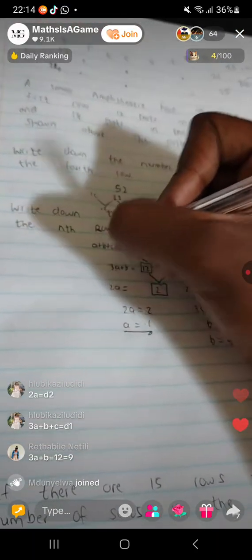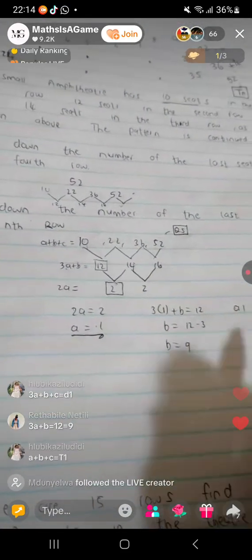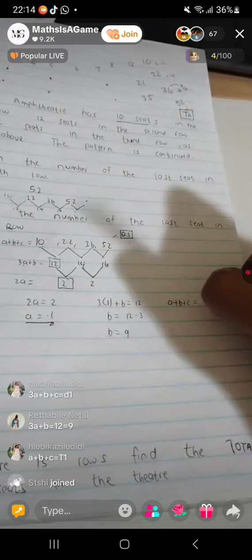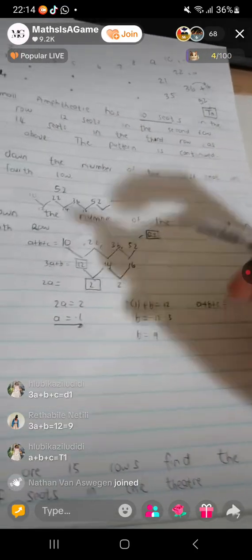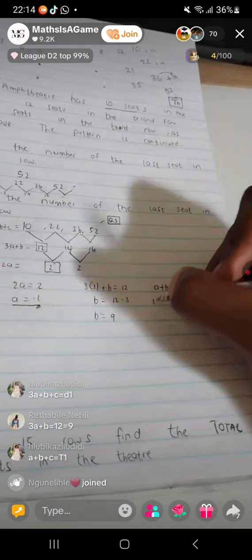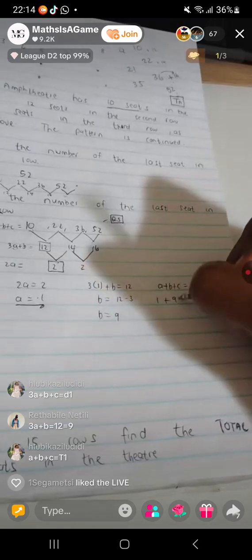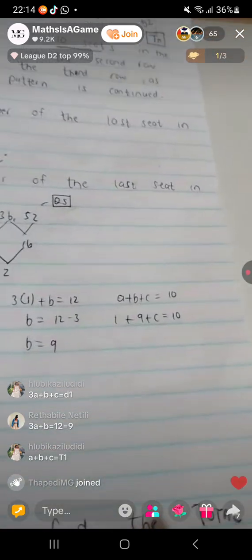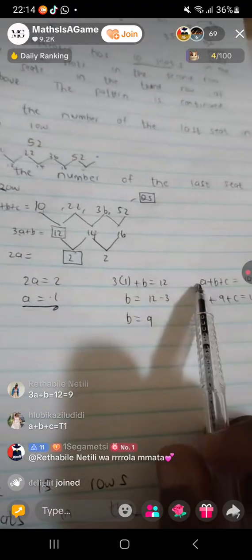And then last but not least, our last expression that we use is a plus b plus c, which is supposed to be equated with the first term in the original sequence. So that's a plus b plus c, which is equal to 10. Okay, a is 1, b is 9, c we want to find. So we substitute the a, which is the 1 there.